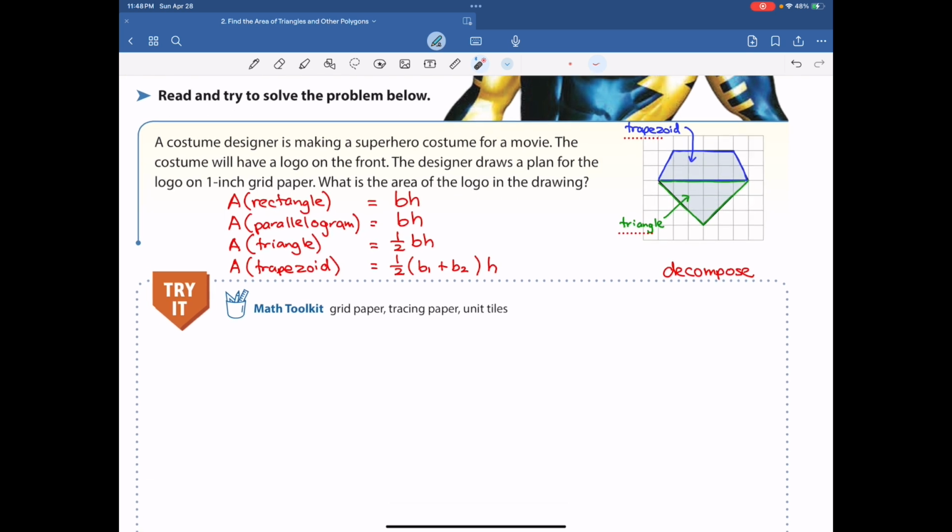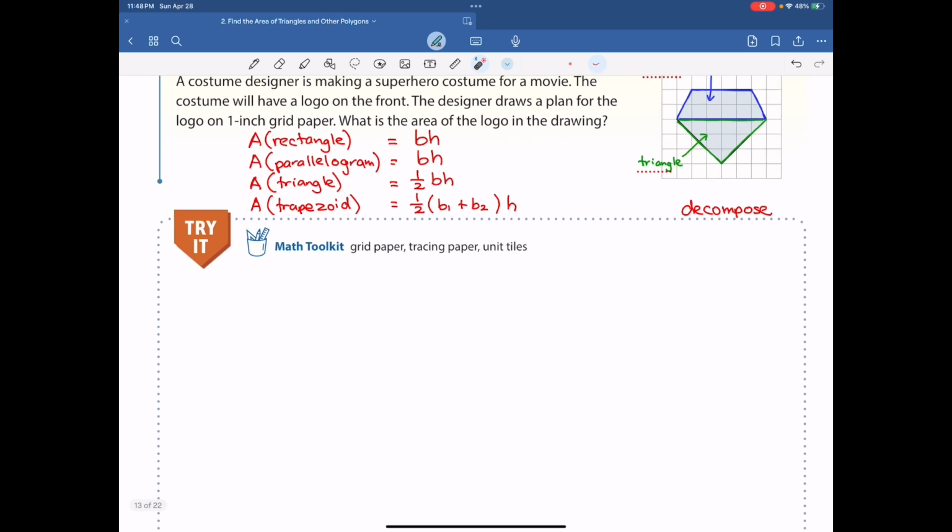So let's go ahead and write that down here. Don't write too big or you will run out of space for this problem. So we'll write down that the area of the diamond equals, switching to blue, the area of the trapezoid plus the area of the triangle.